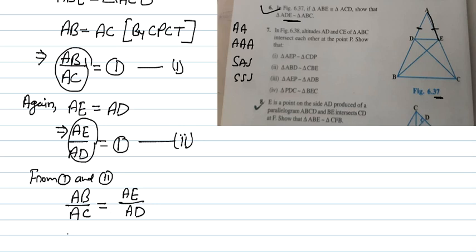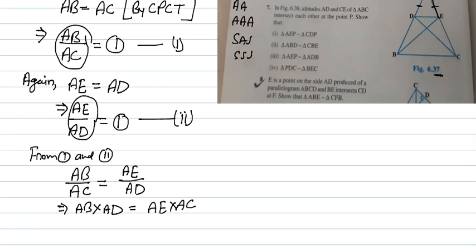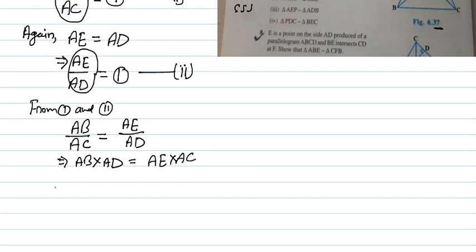So you can also write like this: AB into AD is equal to AE into AC. Why I am doing these types of things, you will get the answer very shortly.